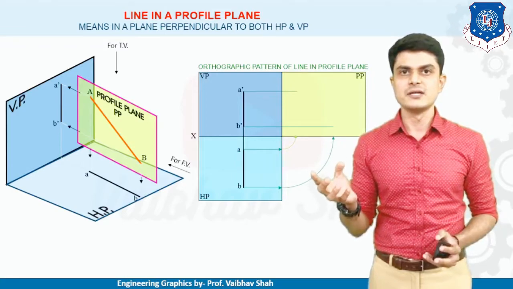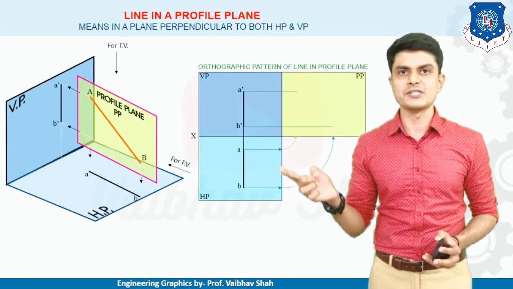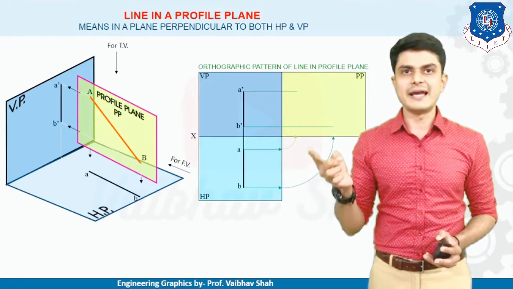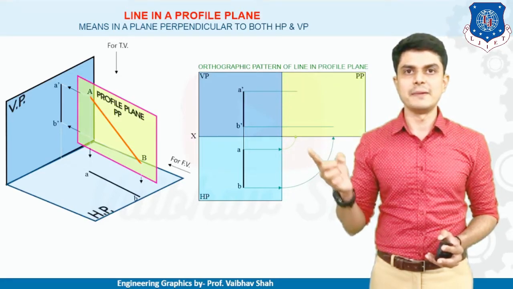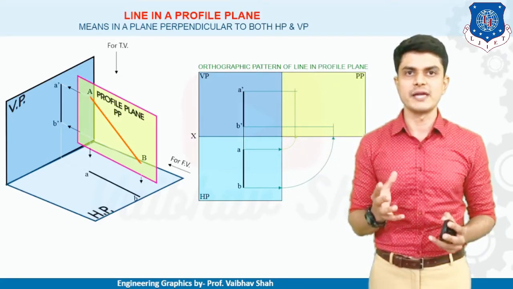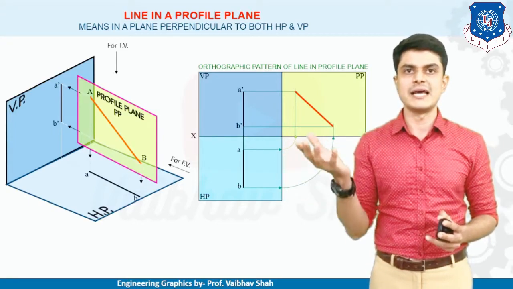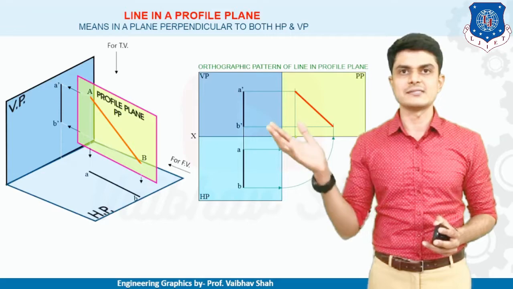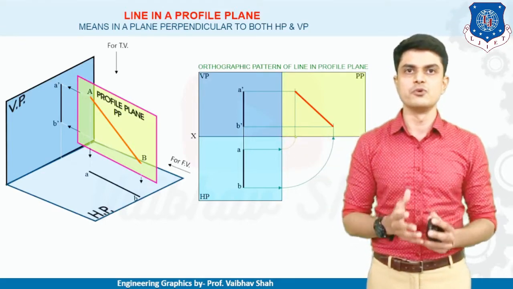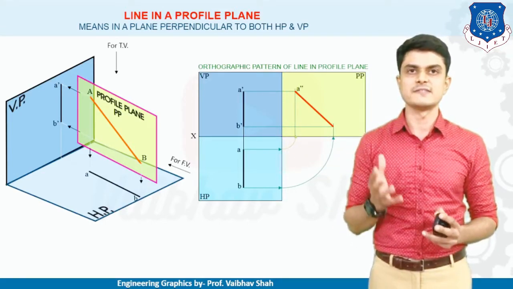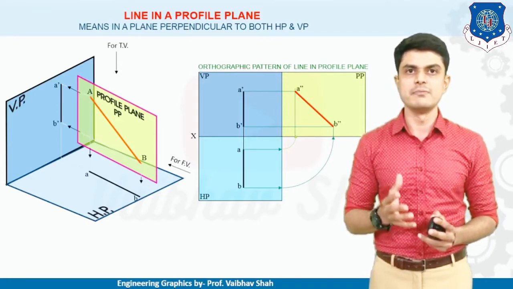By doing this, we are transferring this vertical dimension of your top view exactly onto your profile plane. Then we draw vertical lines, as you can see. By the intersection of the vertical line from these rotational lines and the horizontal line from your front view, we have one view generated, which is nothing but A double dash, B double dash.